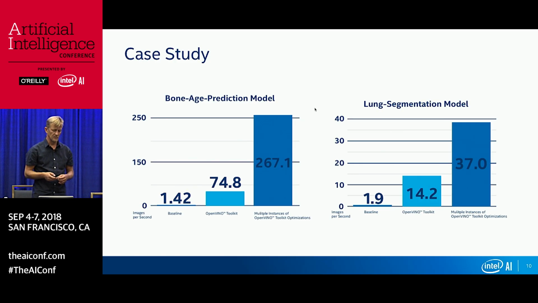On the lung segmentation model, we started from 1.9 using TensorFlow, and just by running on DLDT, we got 40.2 frames per second. And after implementing additional optimizations like using Winograd kernels instead of direct convolution, we were able to achieve 37 frames per second.